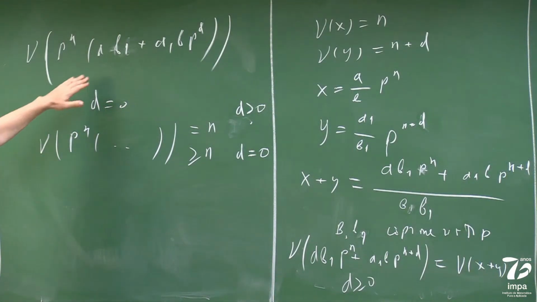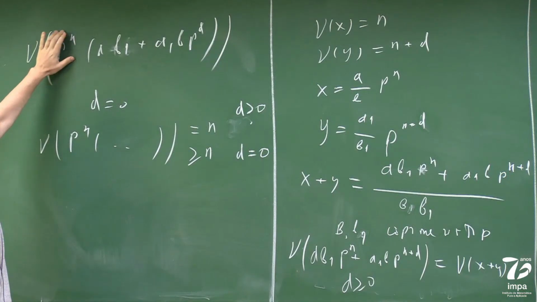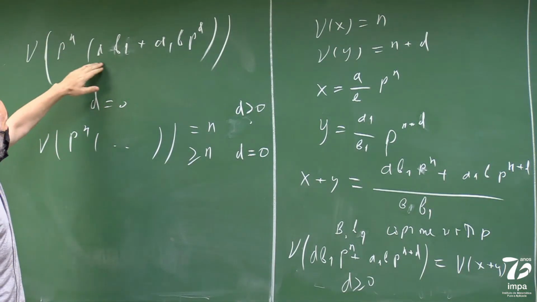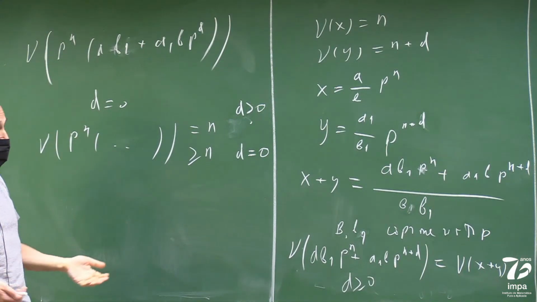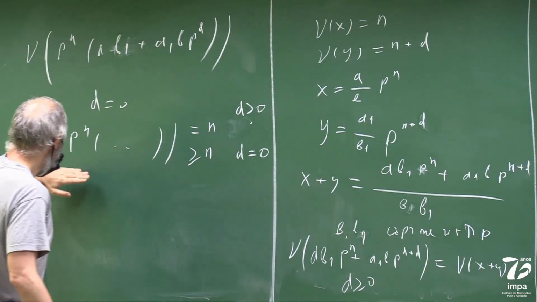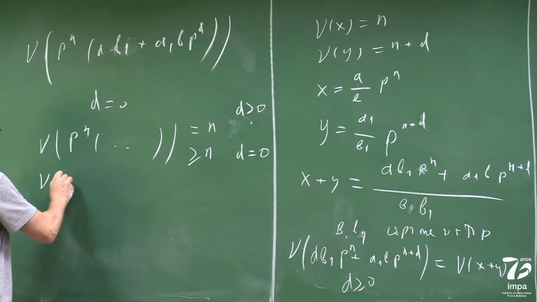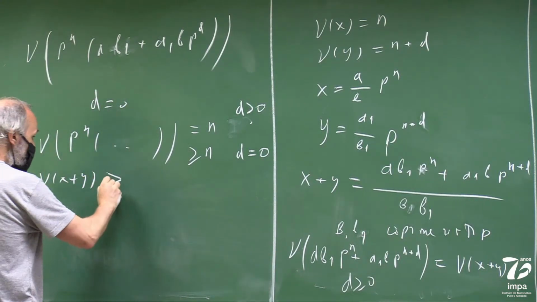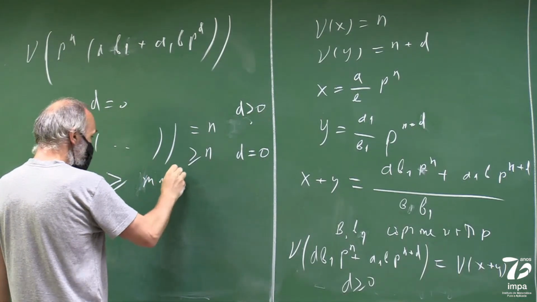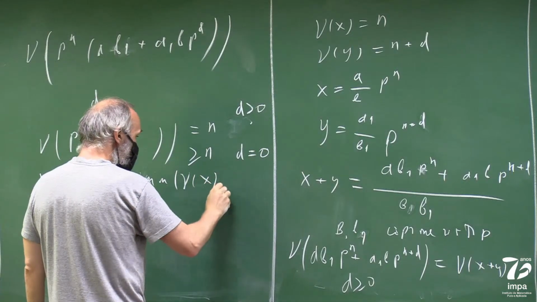Anyway, it's an integer, so it only contributes something non-negative, and n can contribute something negative or positive depending on the sign of n. But in any case, we obtain that nu of x plus y is bigger or equal than min of nu of x, nu of y.